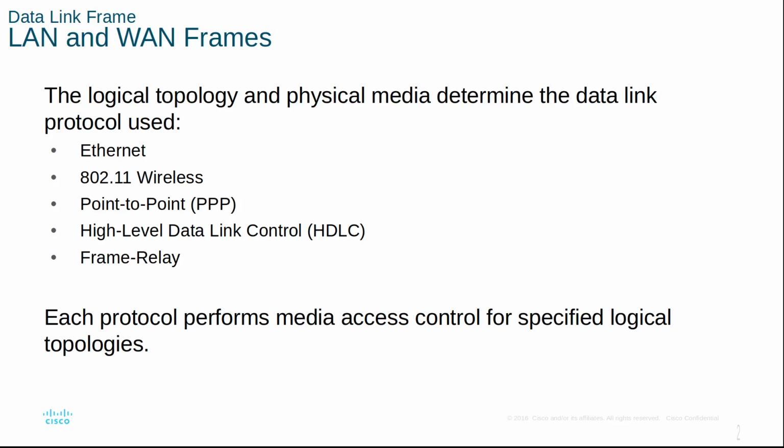You could also be using things like point-to-point, PPP, HDLC, which is default on Cisco devices, I believe, high-level data link control, and frame relay, which is really old and you're not going to learn anything about really in this course. Every single one of these protocols performs its MAC, its media access control abilities differently for the specified topology.